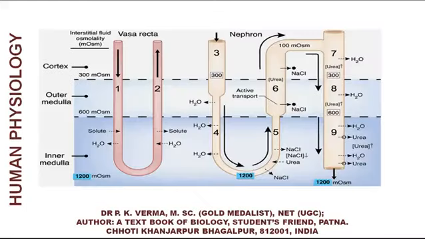In this diagram also, it has been shown that water and sodium are absorbed in the ascending and descending limbs, but in the collecting duct, some urea is also absorbed in the terminal part.